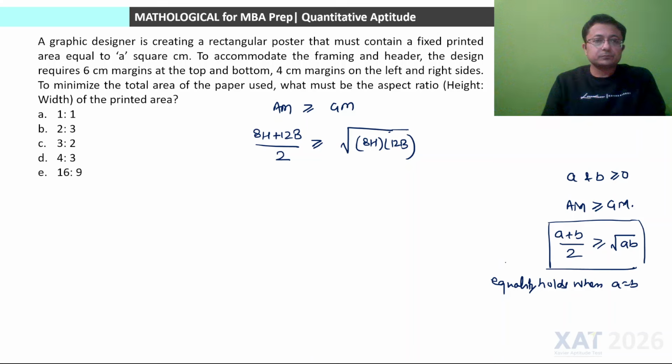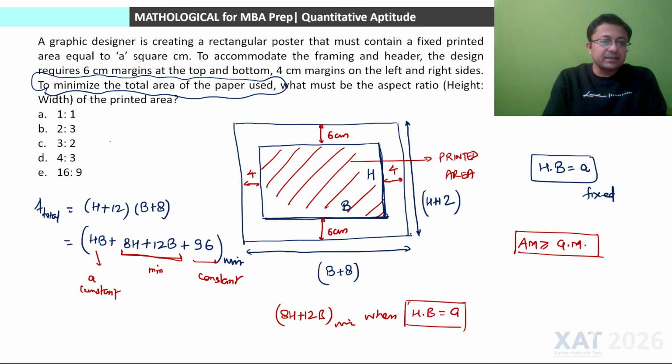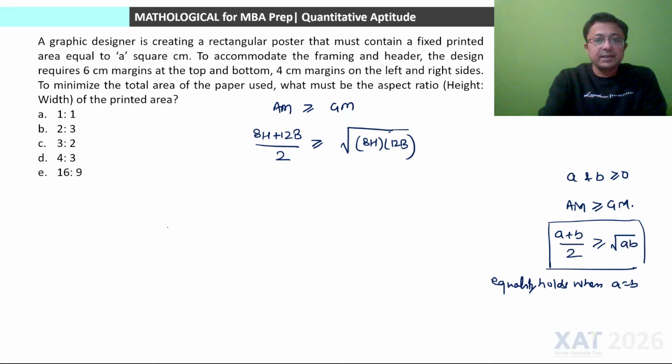Okay, and in this case we have to minimize total area. So if total area has to be minimized, तो 8H plus 12B should be minimized, क्योंकि H into B constant है, 96 constant है. 8H plus 12B कब minimum होगा? भाई हमें पता है कि in all the cases 8H plus 12B by 2, this must be greater than equal to this value, but this is nothing but constant only, because this is root of 96 into H into B, so this is constant.